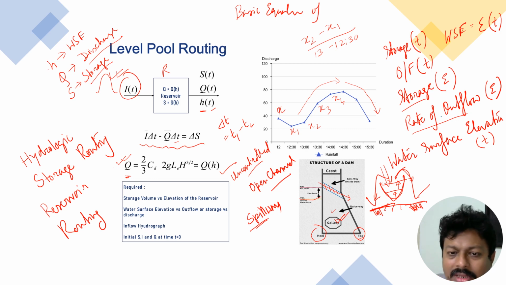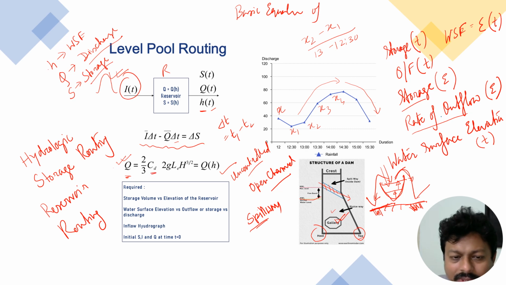Always an open channel is used to release or discharge water. If that open channel is uncontrolled also, without any gates, without any control, you will use this equation to find the Q.